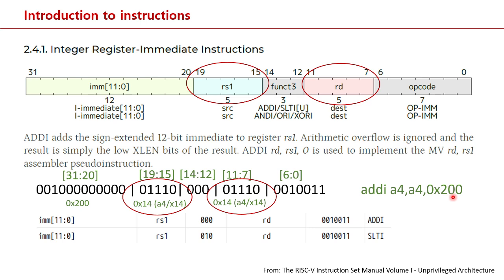So combining all of the information, we can derive this assembly instruction from this binary value into a human readable assembly instruction.